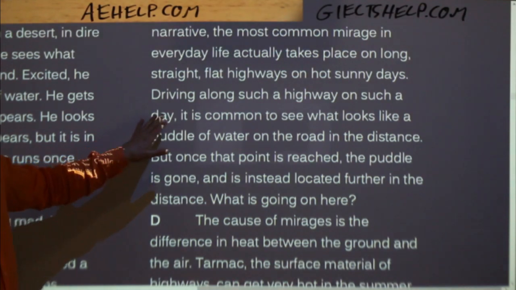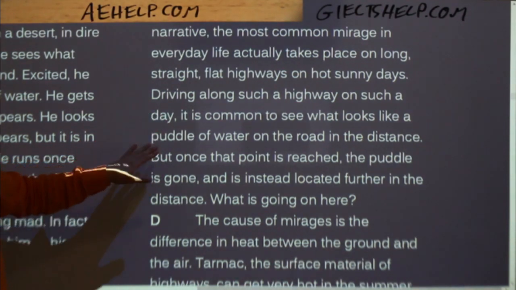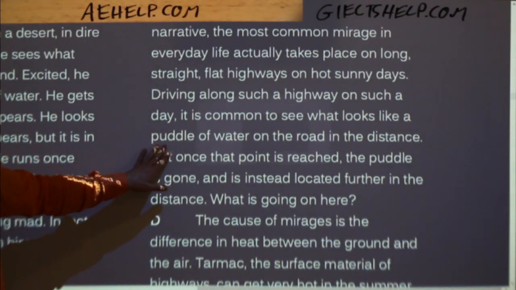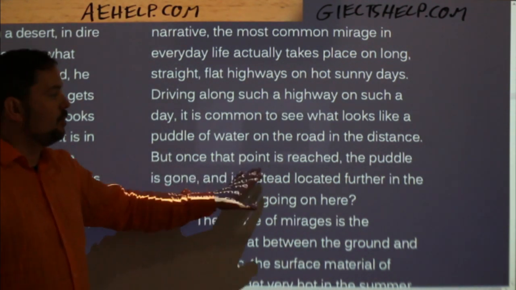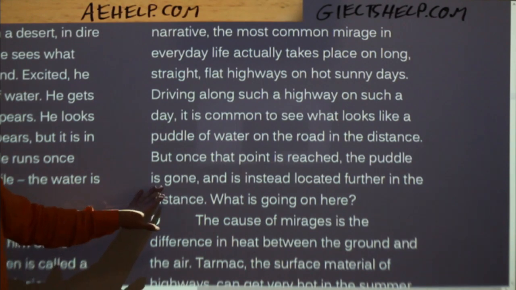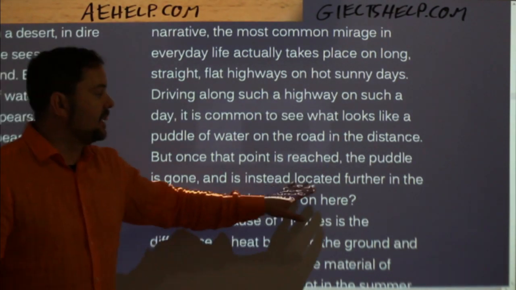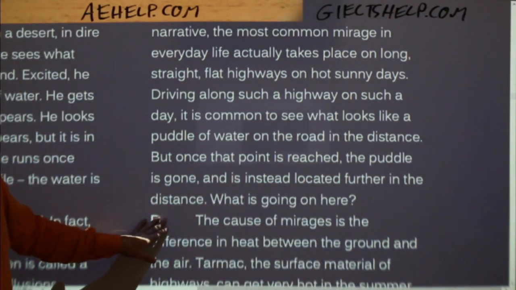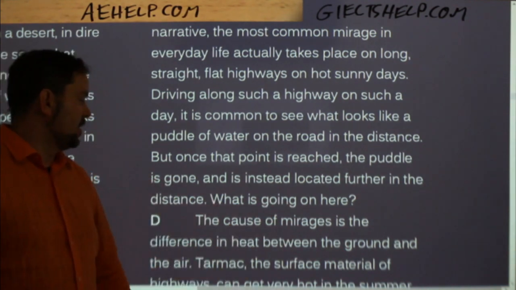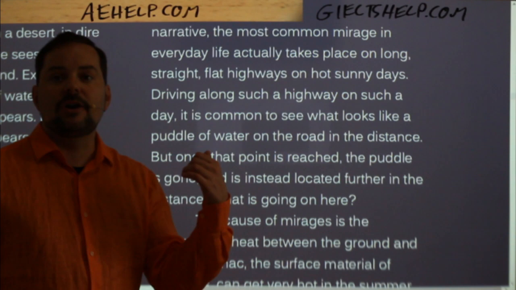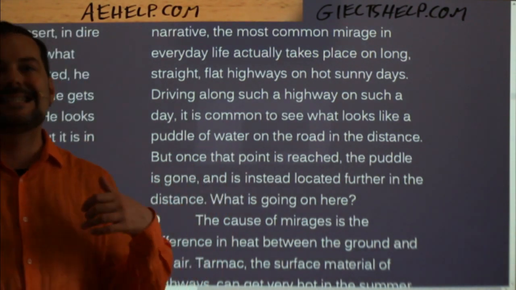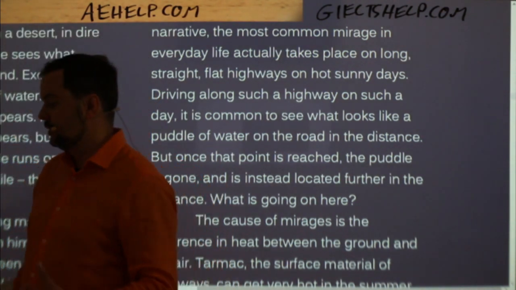Driving along such a highway on such a day, it is common to see what looks like a puddle of water on the road in the distance. But once that point is reached, the puddle is gone and is instead located further in the distance. What is going on here? Okay, what is this paragraph about? What is paragraph C about?